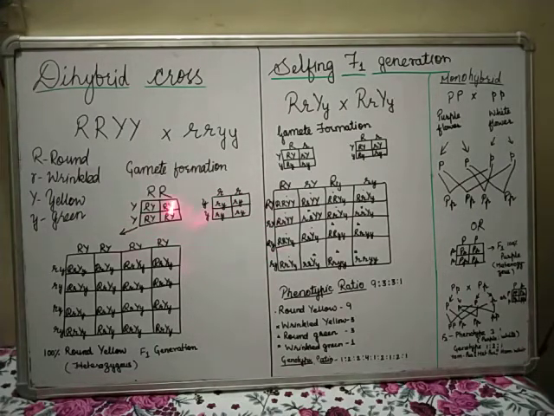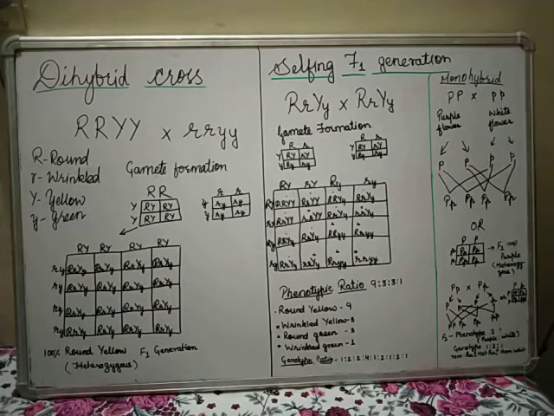Now these gametes we arrange in the Punnett square form. In the F1 generation, since all the gametes from one parent are the same and the other parent is also producing the same type of gamete, the progeny produced will be the same, 100% round yellow in the heterozygous condition. Here you can see capital R, small r, capital Y, small y.